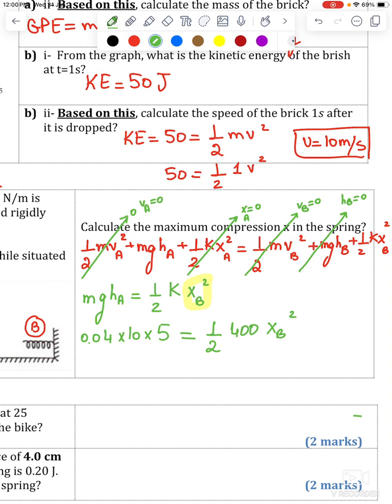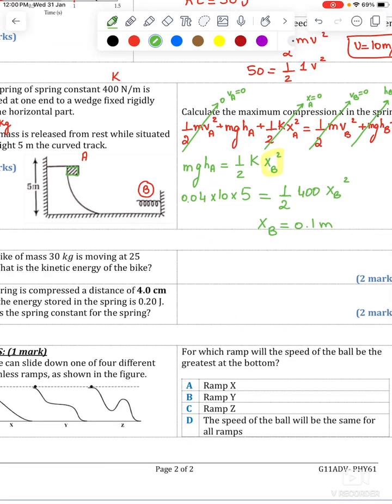So 0.04 by 10 by 5. The answer is x of B equals 0.1 meters.